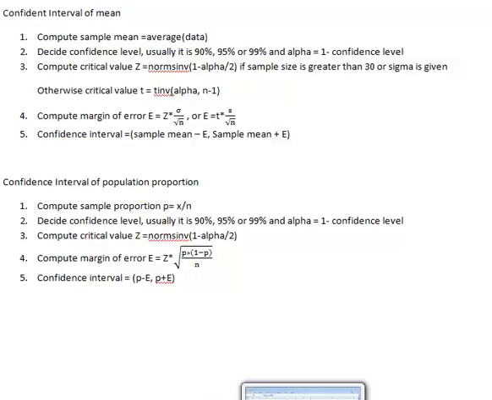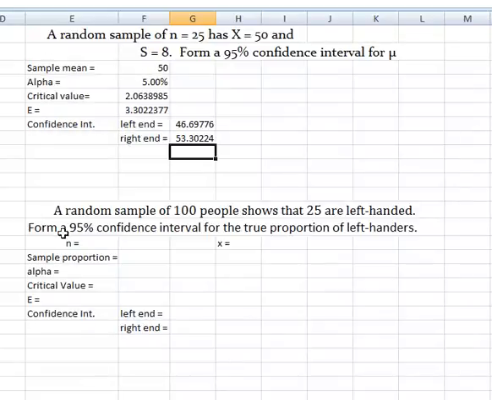Okay, now let's see the example. A random sample of 100 people shows that 25 are left-handed. We want to form a 95% confidence interval for the true proportion of left-handers.